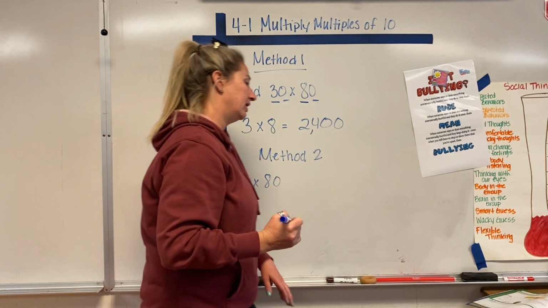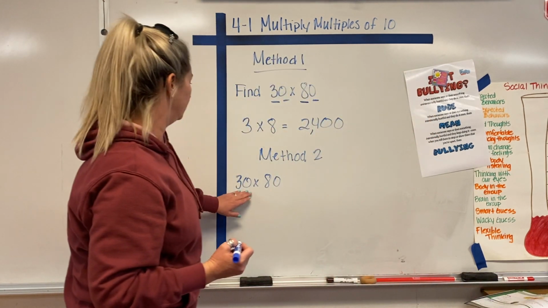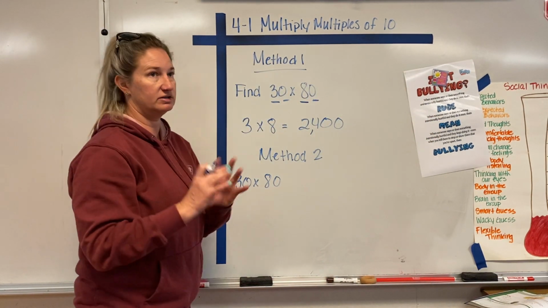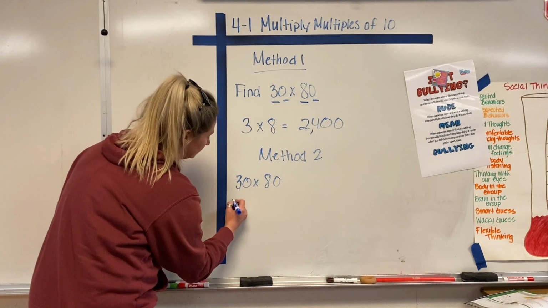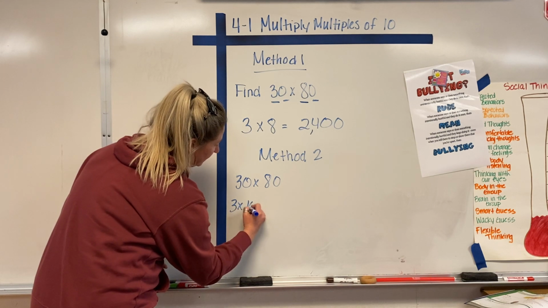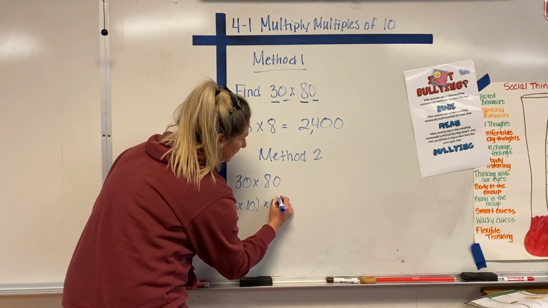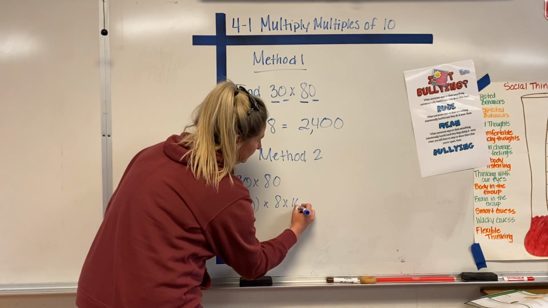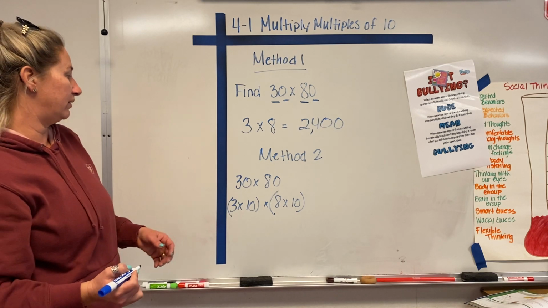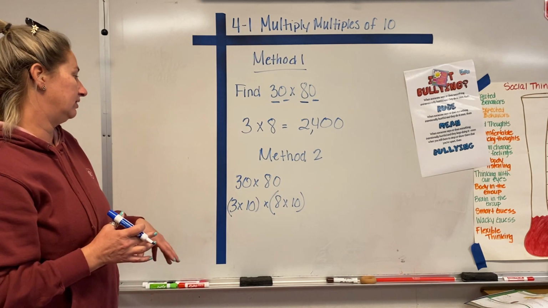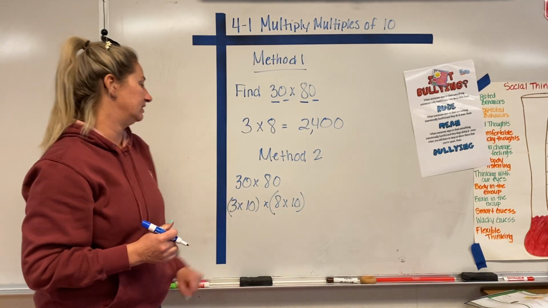But in this problem, you are going to split apart the 30 and the 80 into a multiplication problem. So we're going to say 30 is 3 times 10, and 80 is 8 times 10. Okay, and then you are going to group them differently. You're going to multiply the 3 and the 8, and then the 10 and the 10.